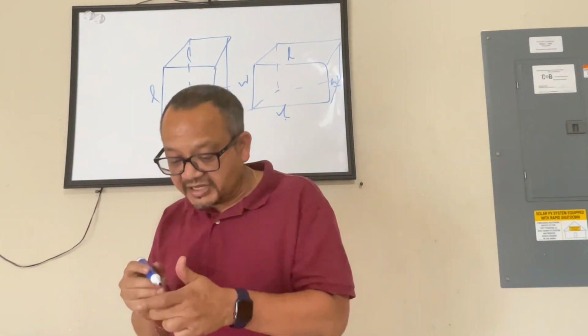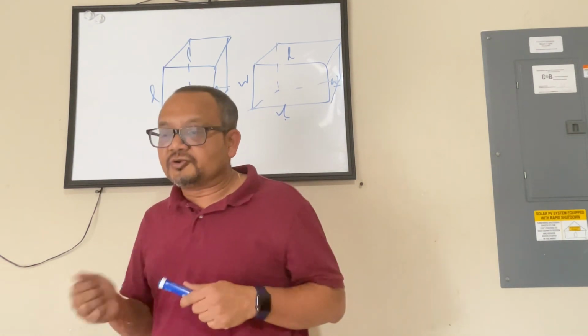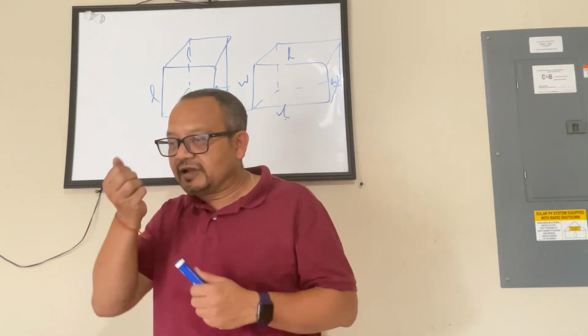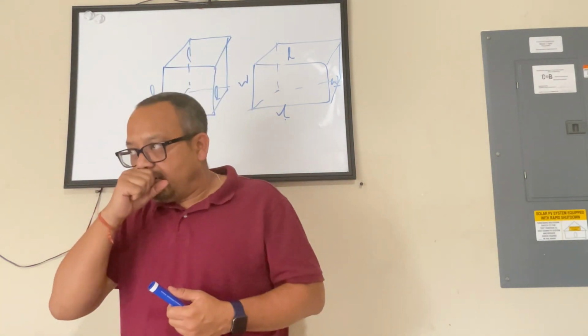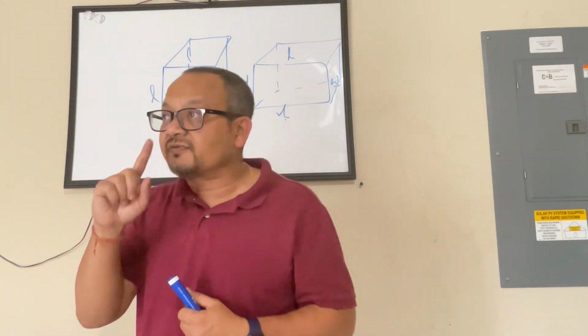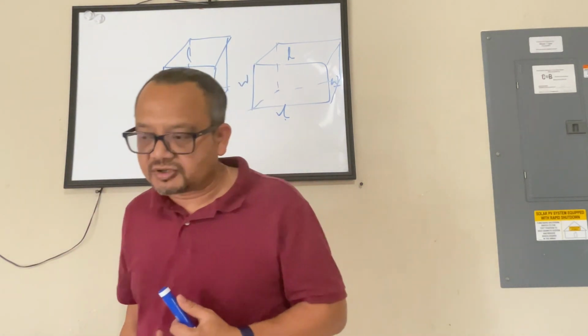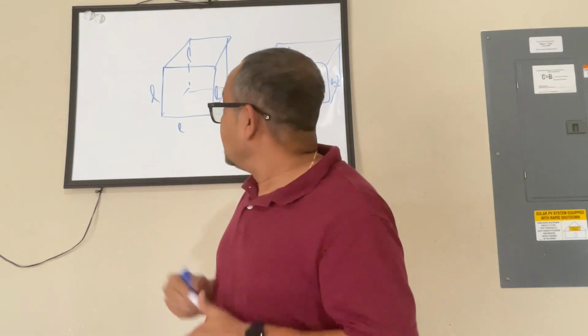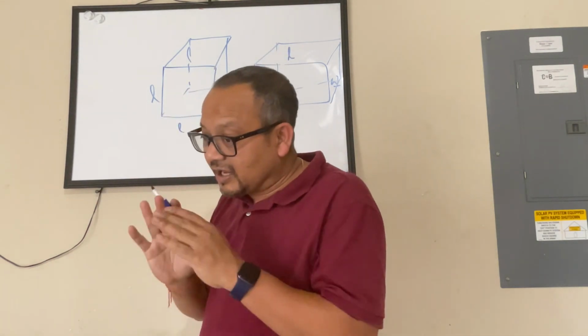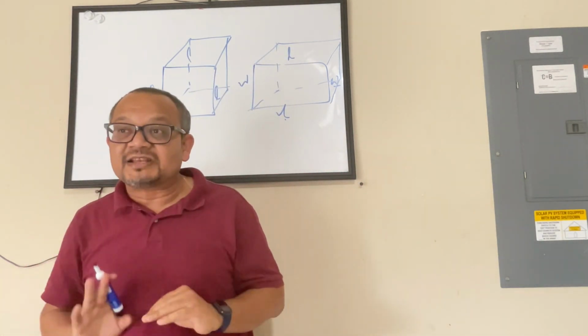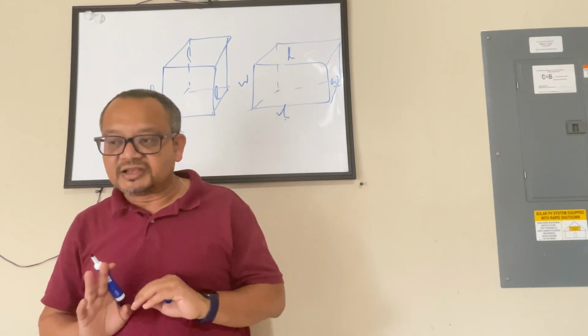If you remember a dice, if you have played Ludo, where you have a dice that you roll, where you have numbers written from 1 to 6. And depending on how you roll, you will get a number, right? So if you look at it carefully, you are essentially looking at 6 sides in a dice.